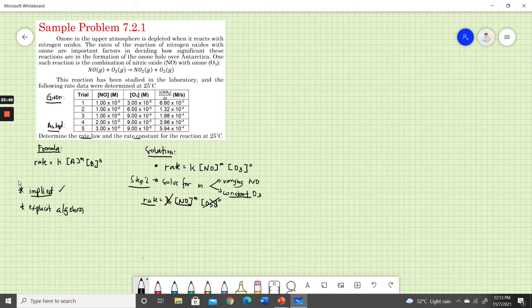By looking here, yung trials na nagbabago yung NO is trials 3, 4, and 5. As you can see, nagbabago yung NO pero constant yung O3.